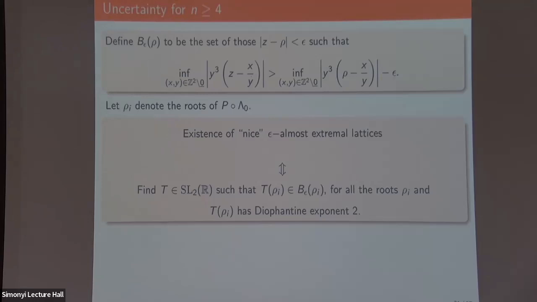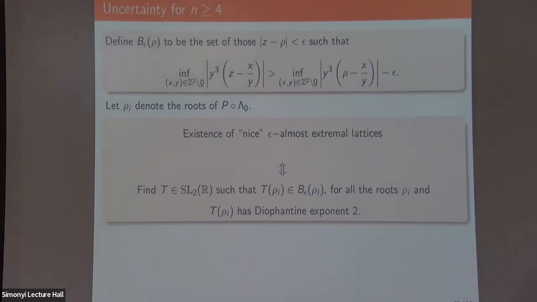Let me explain why this step was trivial in the case of cubic forms, but it's actually hard in the case of quartic forms. Say we start with 3 roots, rho_1, rho_2, rho_3.